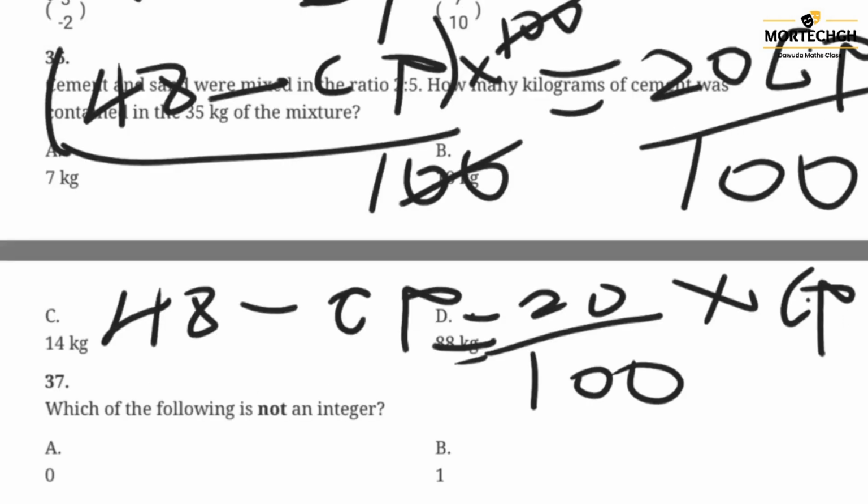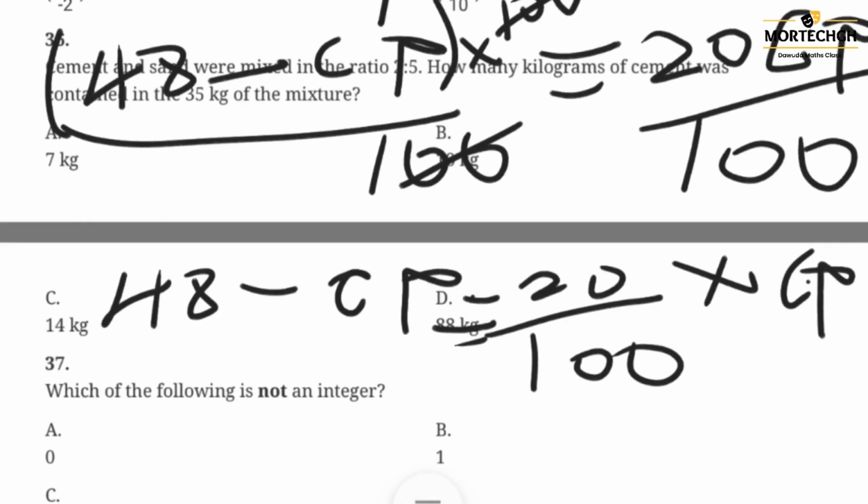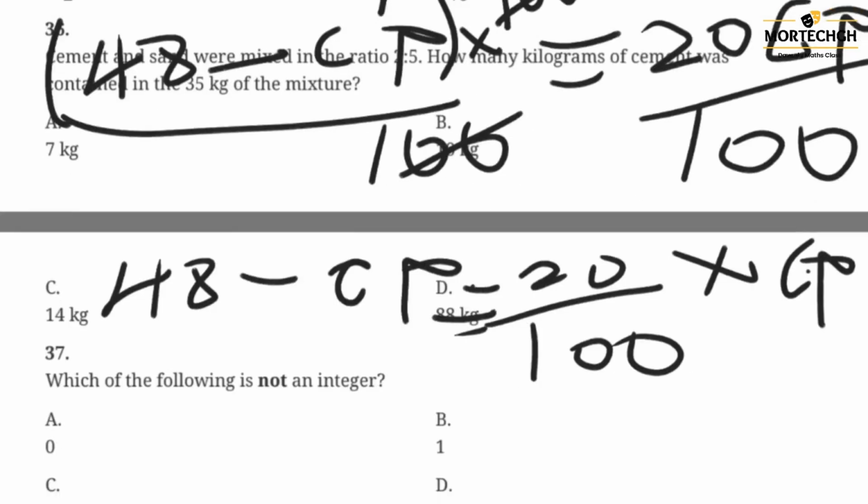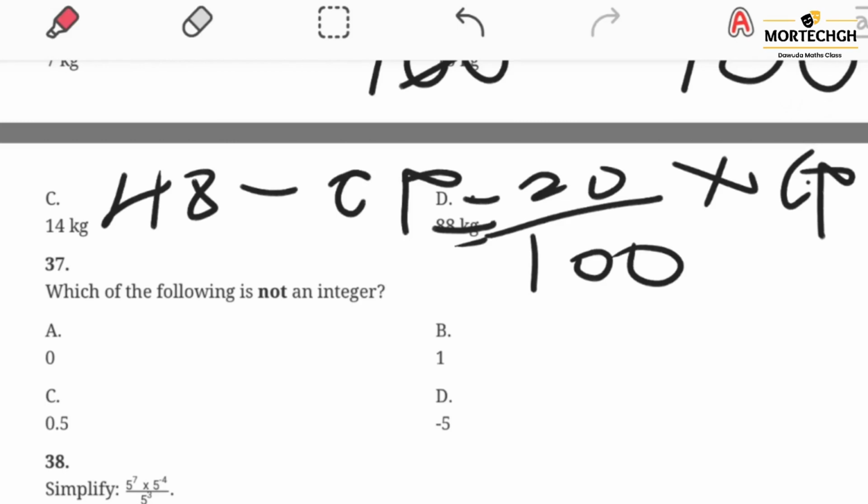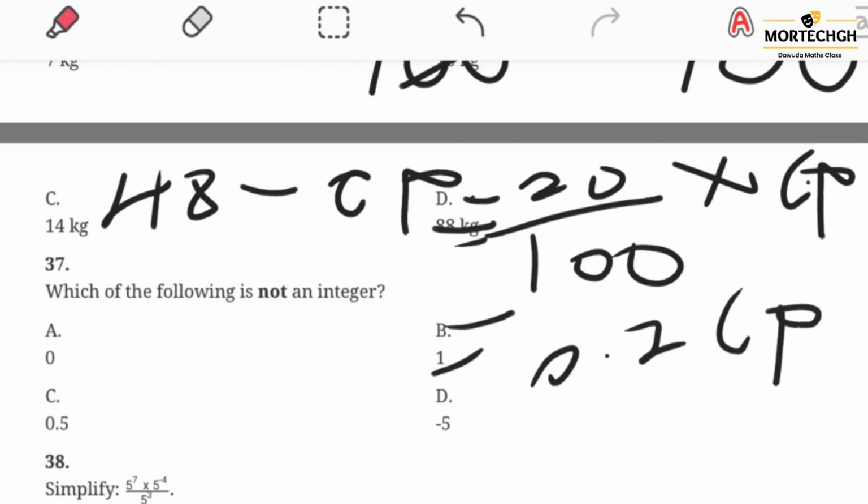Twenty over 100 will give you 0.2. So 0.2 CP, that's the cost price, to be equal to 48 minus CP.